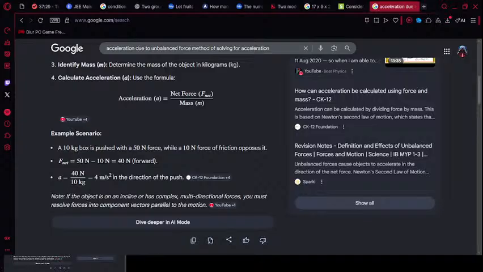It will be (M3G minus M2G) divided by (M3 plus M2). That is 30 Newton minus 20 Newton, 10 Newton by 5, which is 2 meters per second squared.